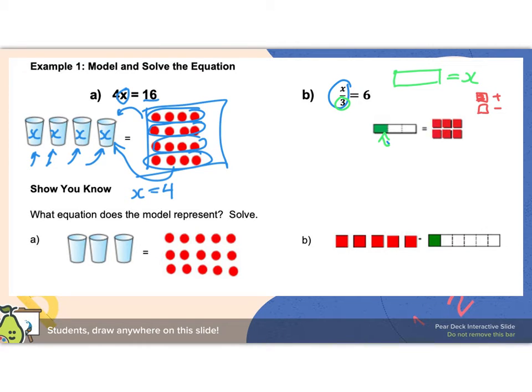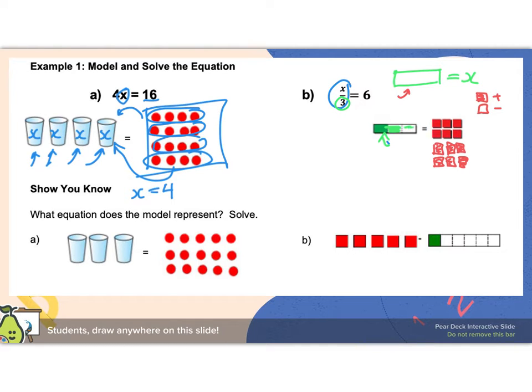So if I'm looking for one whole green algebra tile, what I need to do is make this bigger. If I add one more of these green pieces, that's equal to 6 more red: 1, 2, 3, 4, 5, 6. I'm just going to fill them in so that they represent positives as well, same as that first one.